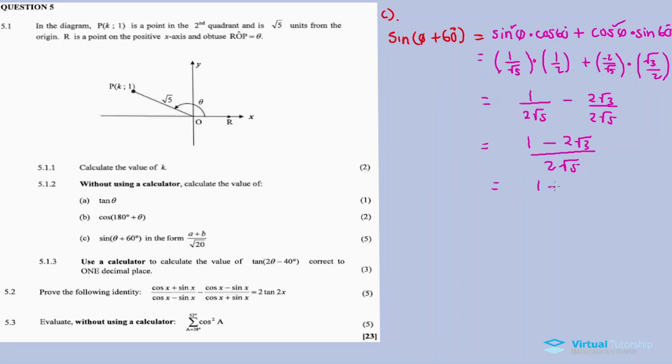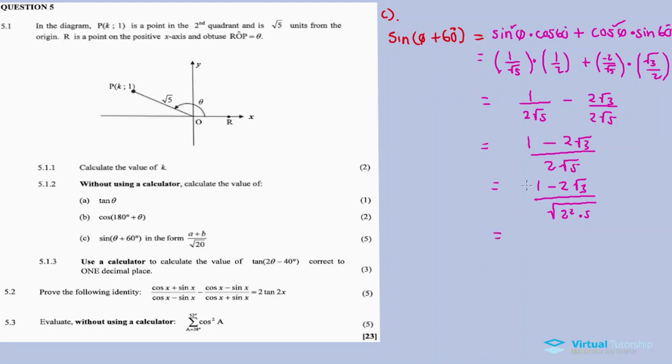This is 1 minus 2 square root 3 divided by the square root of 2 squared, 2 squared times 5, right? 2 squared times 5. Since this 2 I put under the square root, I must square it. I need to square the 2. The square root of 2 squared is what? Is 2. So we keep it outside using the surd laws.